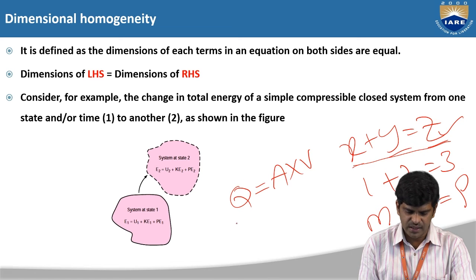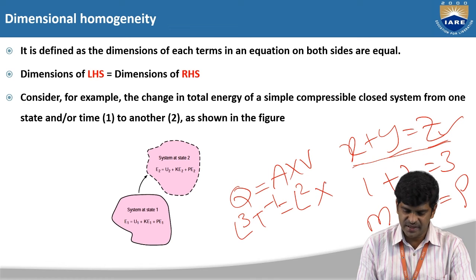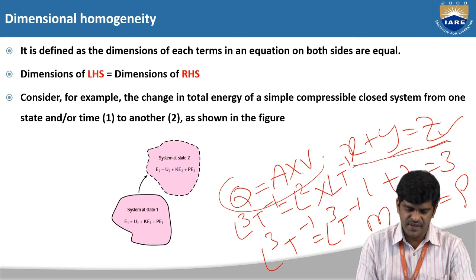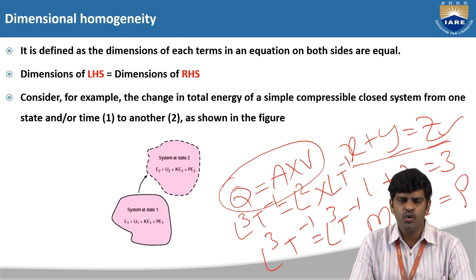I am going to write it like L cube T to the power of -1, which is equal to, then A is represented as L square and V is meters per second, so I can write it as L T to the power of minus 1. So finally, if I combine them, L cube T to the power of minus 1 is equal to again L cube T to the power of minus 1. Therefore, this equation can be said to be dimensionally homogeneous. So that is the concept of dimensional homogeneity.